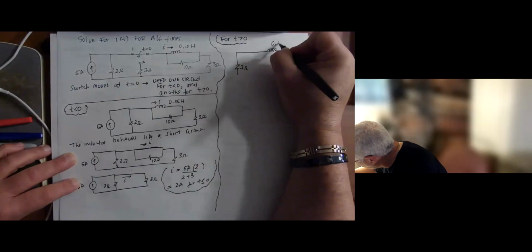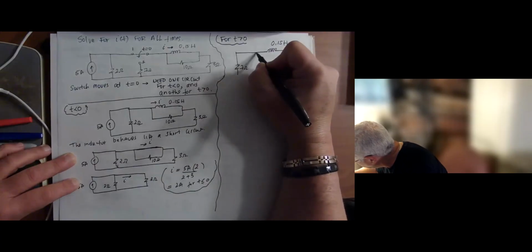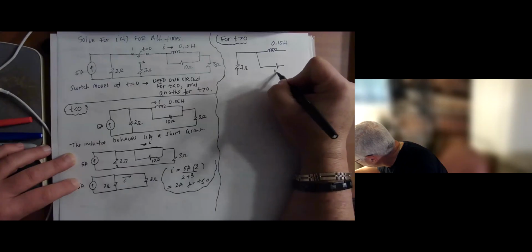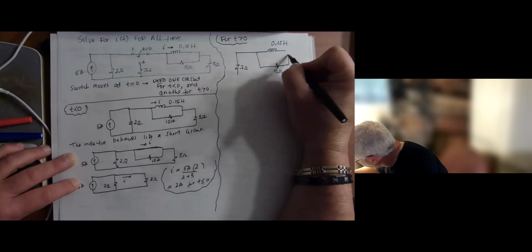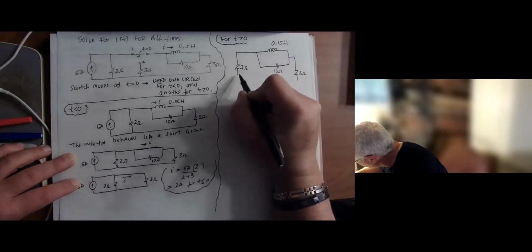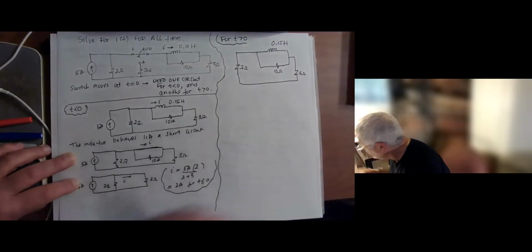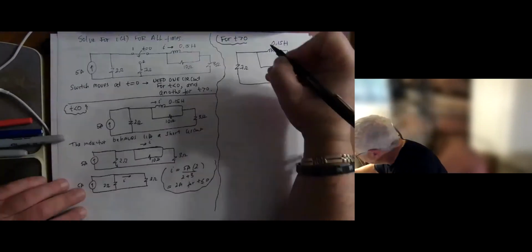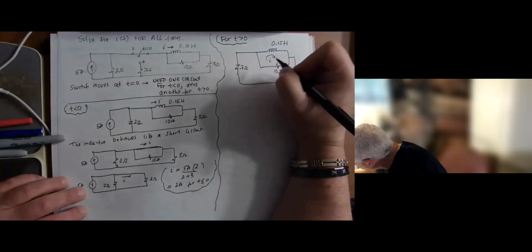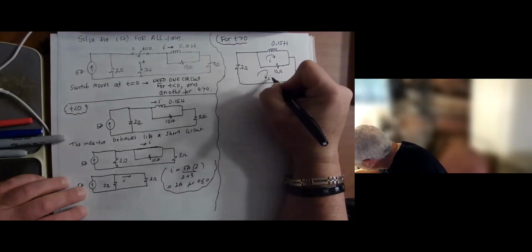We got the 0.15 Henry, so the inductor is there. And then we have the 10 ohms, and then the 3 ohm resistor. Okay, and so here, because I'm going to do mesh, I'm going to put my mesh current I here, and this is mesh current I1.